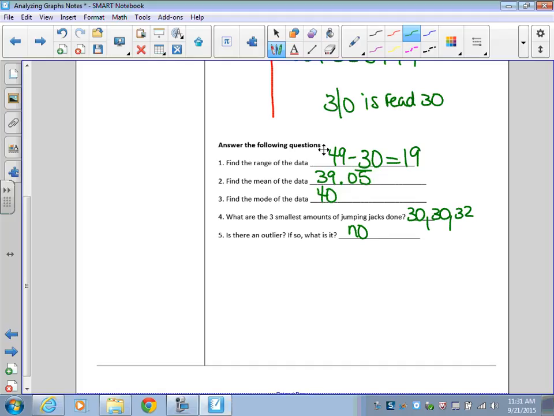An extreme value, that's what an outlier is.